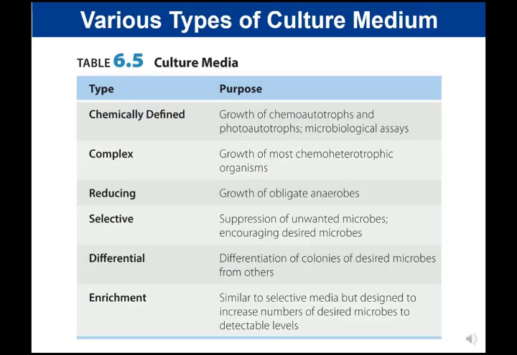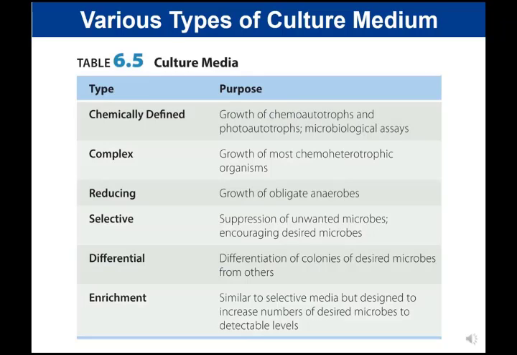We know the growth factors that the bacteria requires, and we give them to them for growth. Chemically defined media is also used for microbiological assays, like the citrate test. Complex or undefined media is used for the growth of most chemoheterotrophic organisms. It contains a variety of different food sources, so peptones, beef extract, yeast extract, etc.